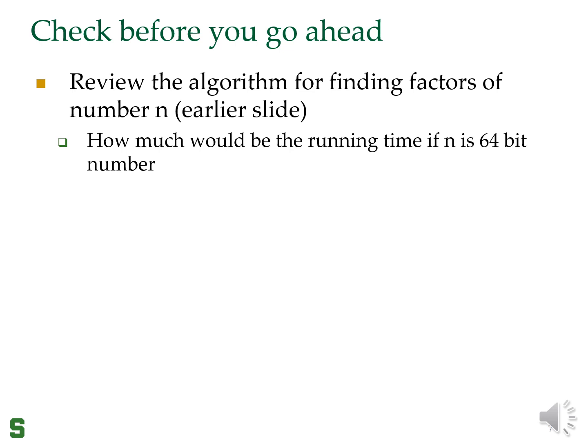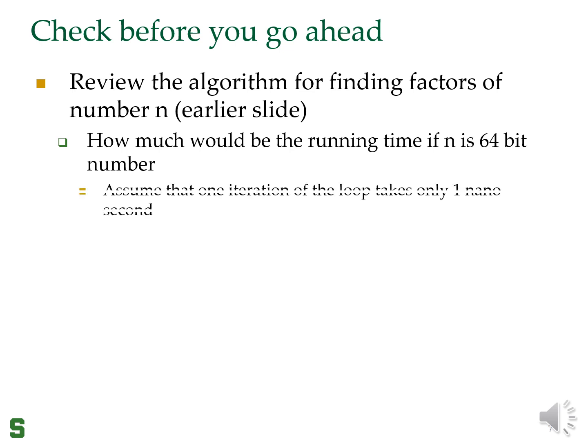One thing I want you to do first for this module is review the algorithm that we had for finding factors and see how long the running time would be if, let's say, n is a 64-bit number. You can assume that one iteration of the loop is fairly fast, let's say 1 nanosecond.